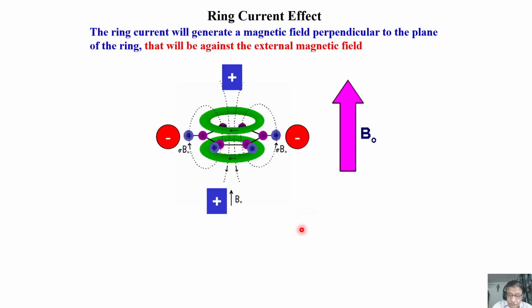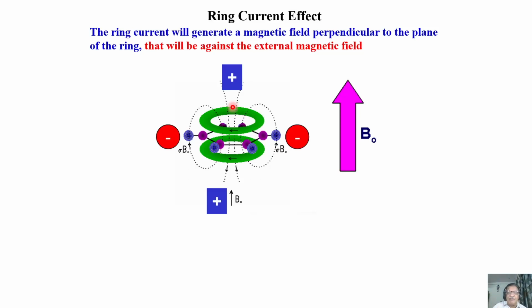Another thing is the ring current effect. There is another important phenomenon called ring current in aromatic rings. You all know in benzene and others, there is a ring current. That is because the electrons moving around in the ring generate a magnetic field. How does it generate a magnetic field?